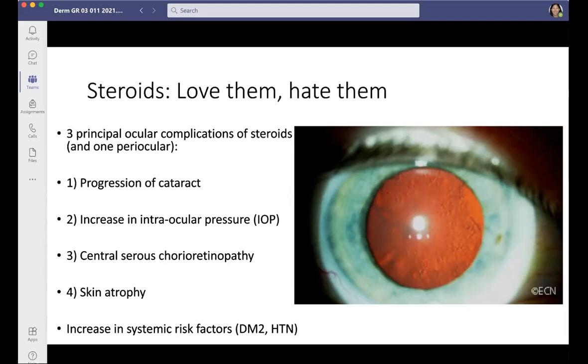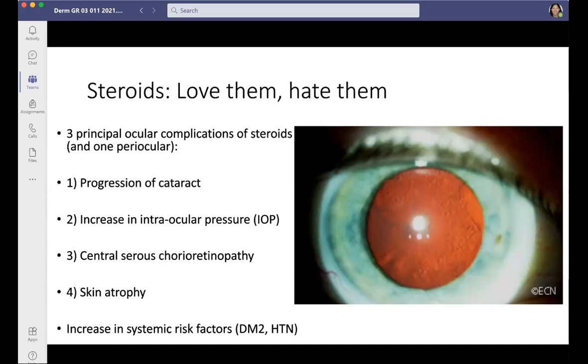It's not the type that is associated with age, when you think of your grandparents. We get this opacity that develops on the back of the lens, and it's what we're seeing in the image on the right. It kind of looks like wax paper. And that's basically what the patient sees too, they feel like they're looking through wax paper. Even though somebody might be very young, it still can be very disabling for them. And so we take care of that surgically, and I'll talk more about that on the next slide.